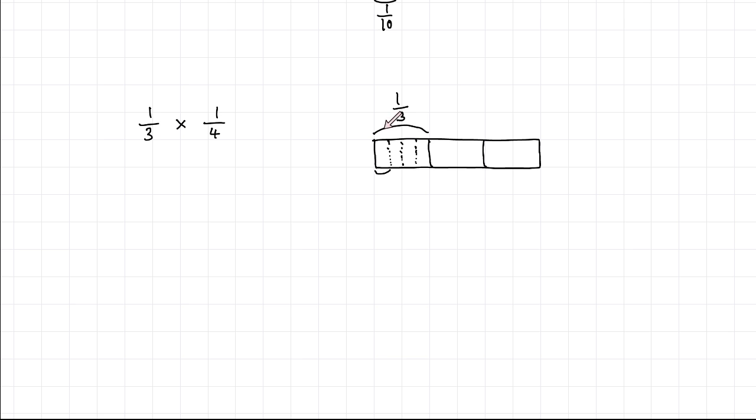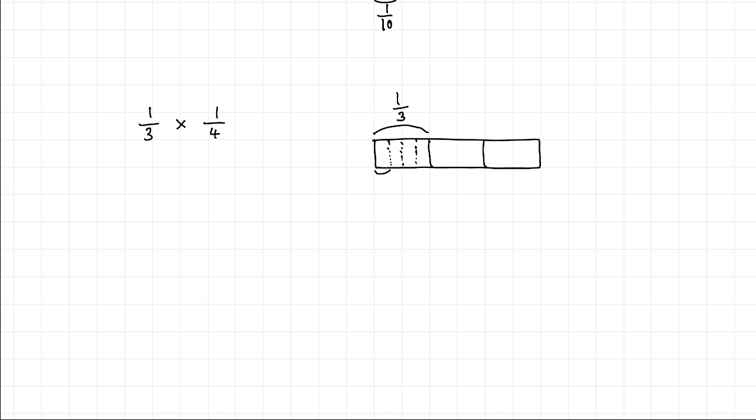So I've got a third, and I made it a quarter as big. So I've taken a third and I divided it by 4. And this is what I'm left with. So what's the answer to that bit? Now to find this answer, I know that I've got a third here, I've got another third, and I've got another third. So I've looked at a third and I've divided it by 4, and I've got 3 thirds here altogether.